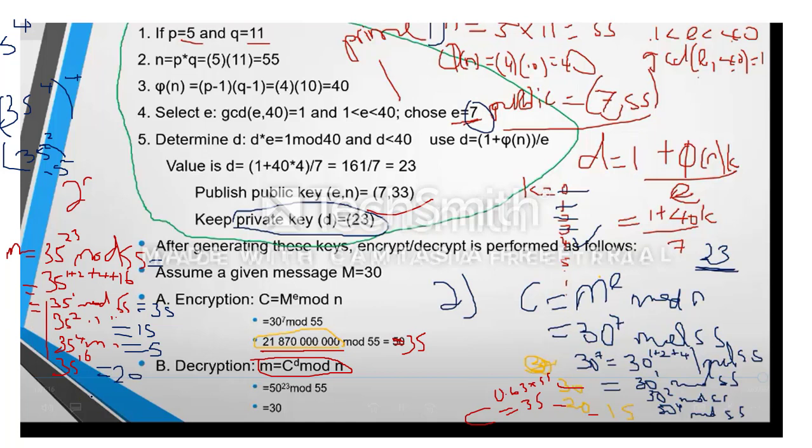So basically, you are now computing 35 multiplied by 15 multiplied by 5 multiplied by 20, right?